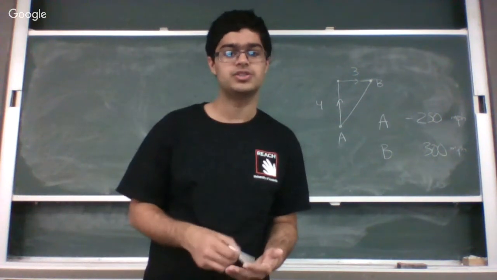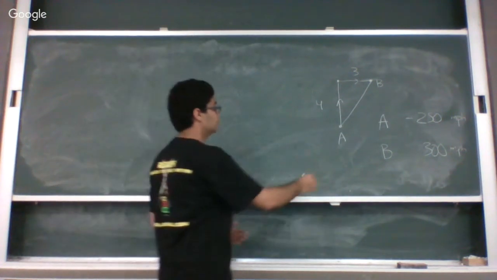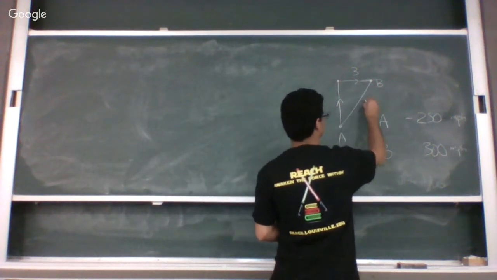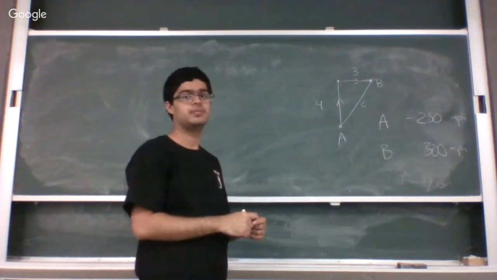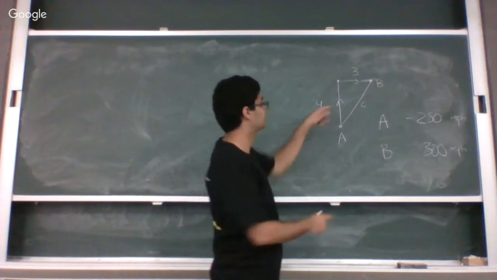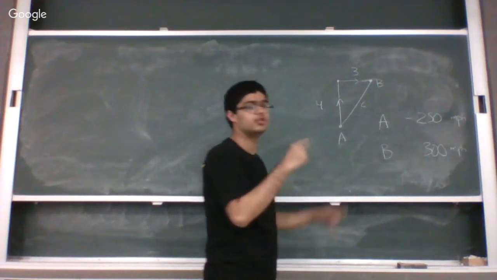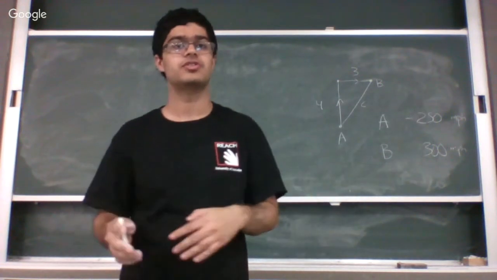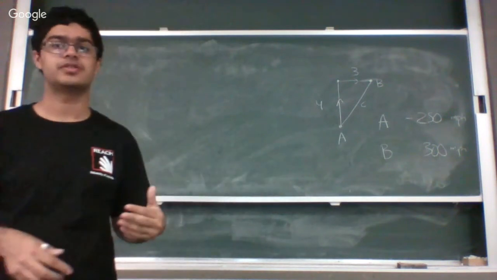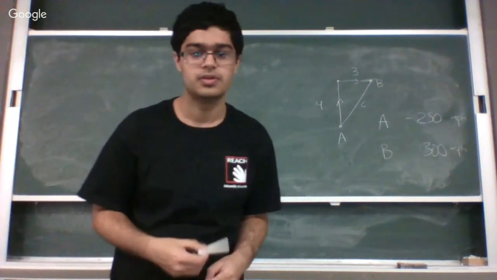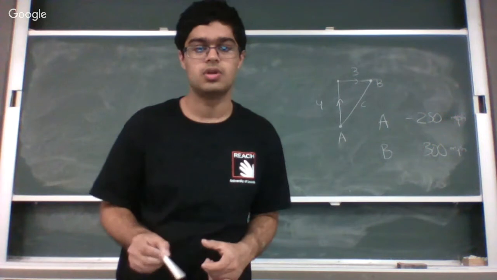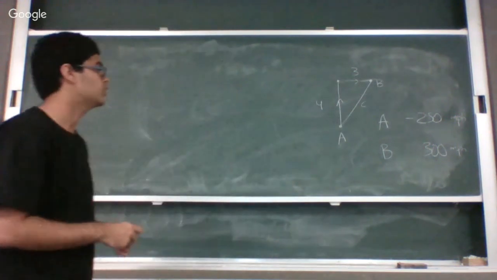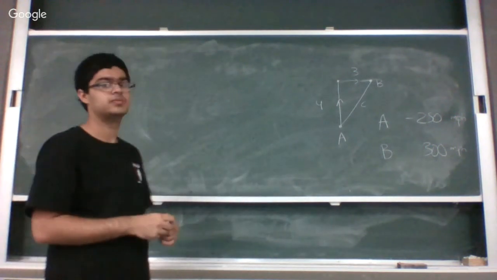Find the rate of change of the distance between the airplanes. So we have to find the rate of change of this side. Because as this is getting closer, this is still going away, so it could be decreasing or increasing depending on the plane's velocities. Okay. So what formula should we use?